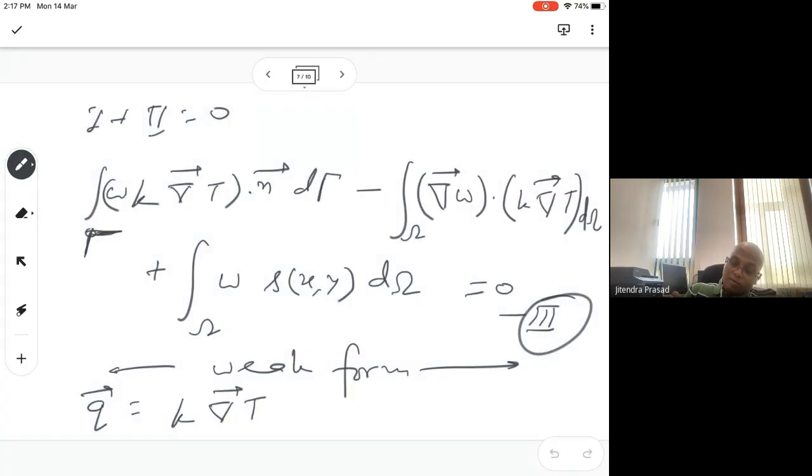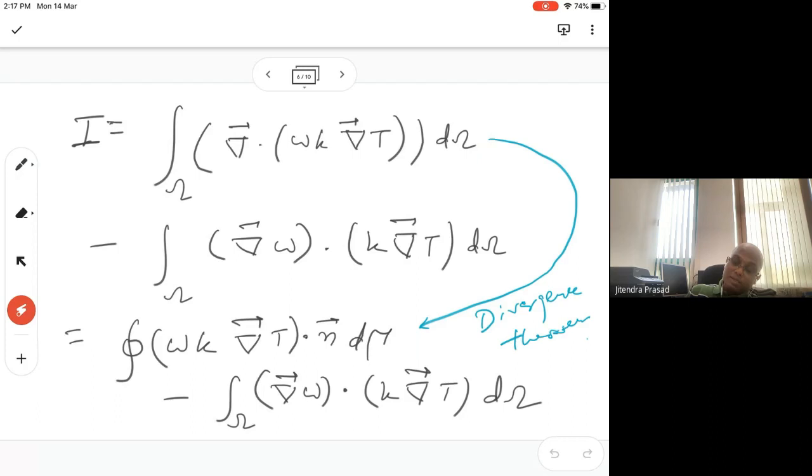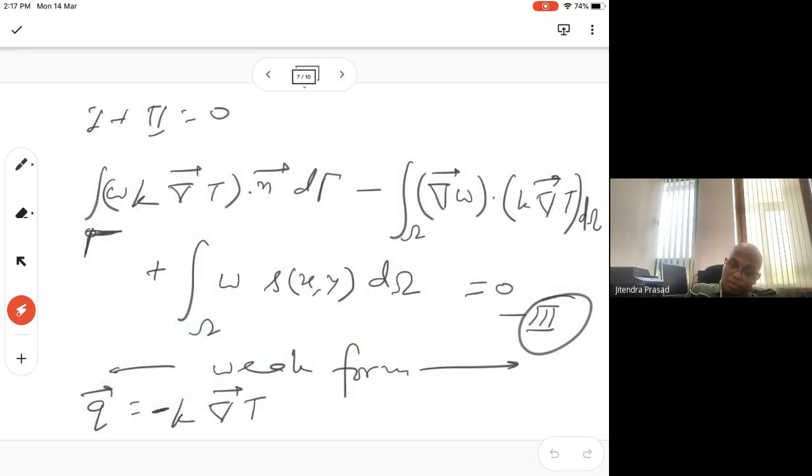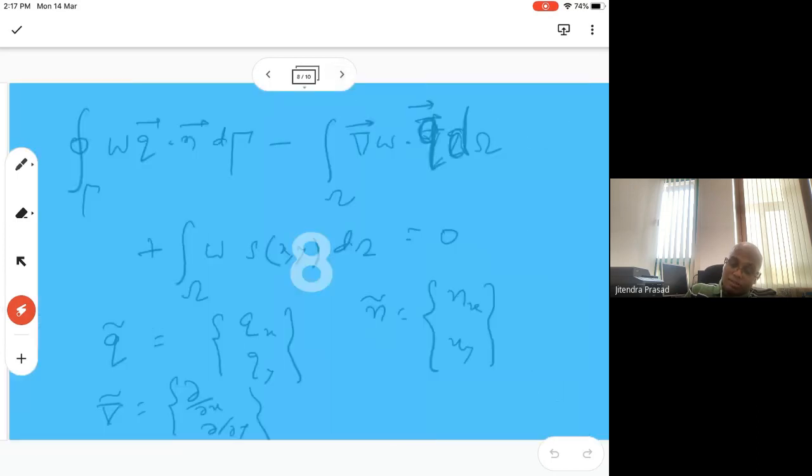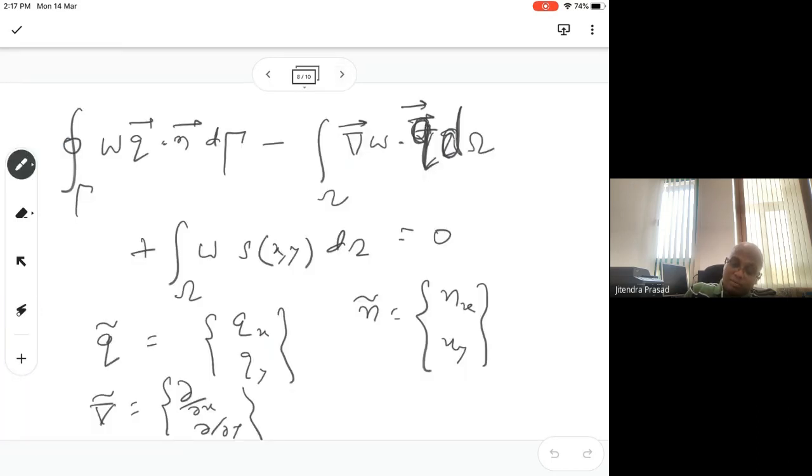Okay, I think we also have to look at the sign, guys. Here it has to be minus. So accordingly we have to put that. Q is equal to minus K del T, so you have to write minus Q everywhere. So this will be minus, this will be plus, and so on. You have to be careful with that.